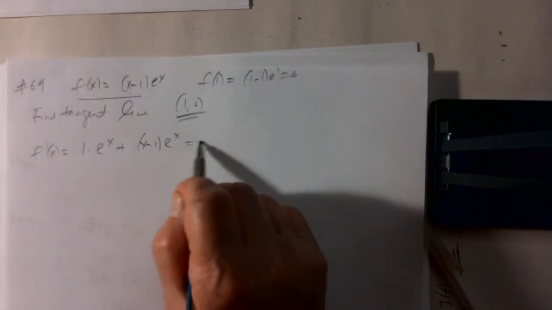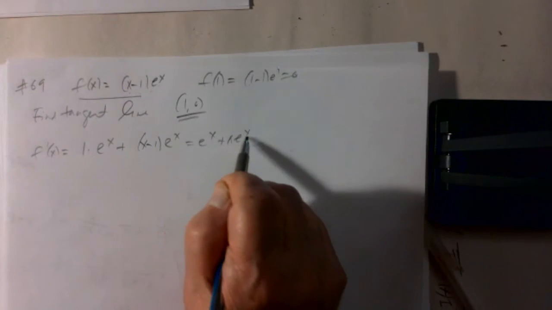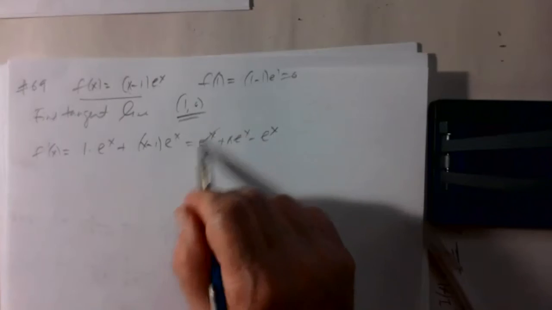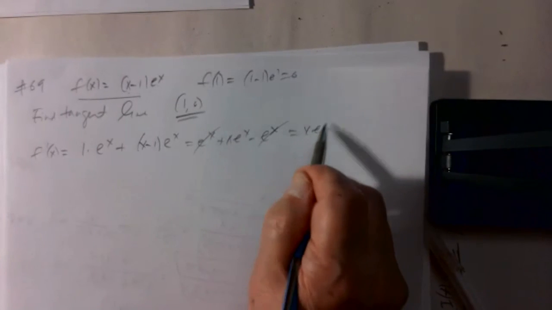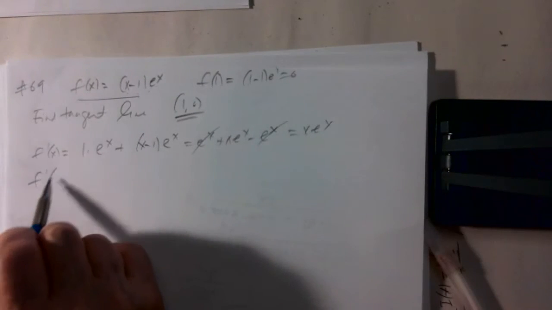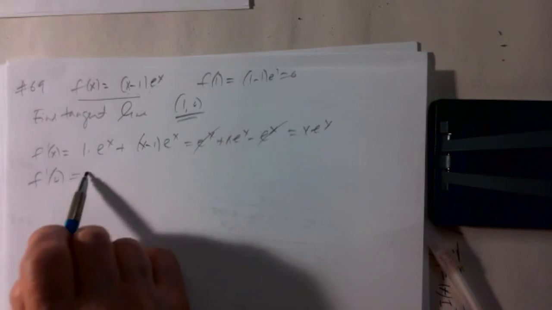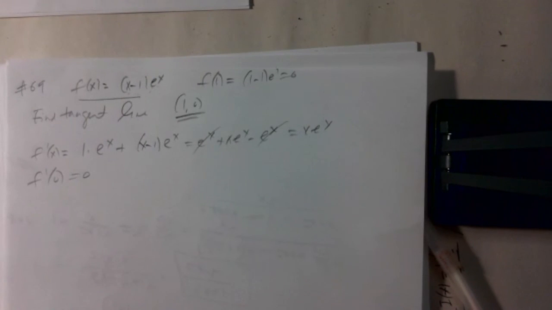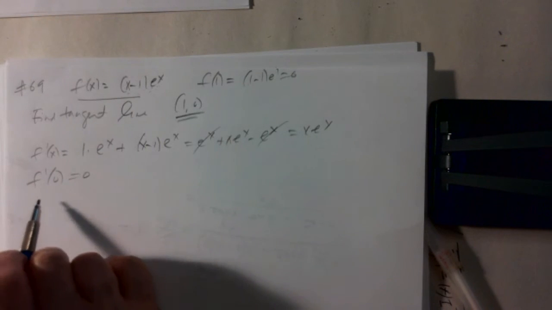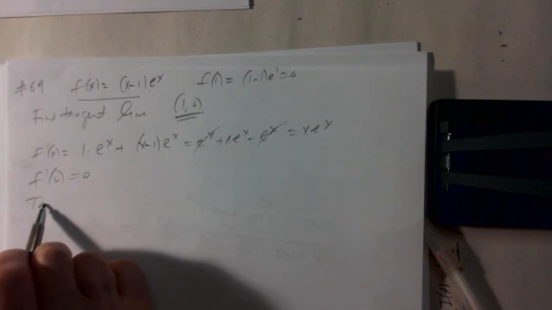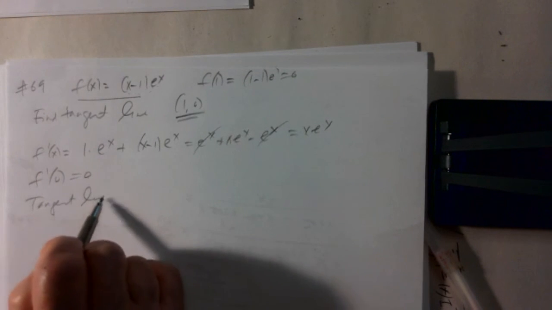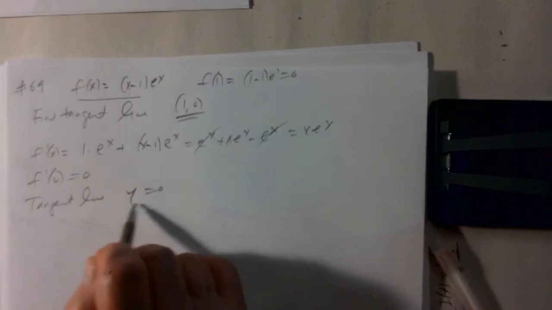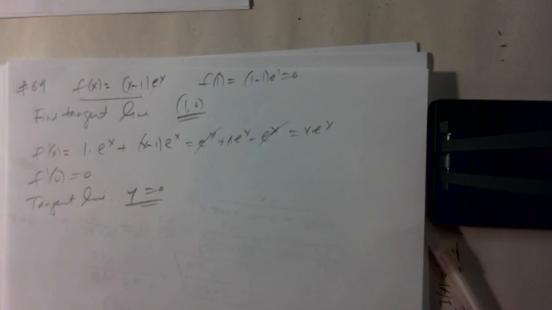So we have e to the x plus x e to the x minus e to the x. These cancel. This is just x e to the x. So f prime of 0 is 0. Well, it's not very interesting because the tangent line is horizontal. So the tangent line is just y equals 0. Yeah, that's a pretty boring problem.